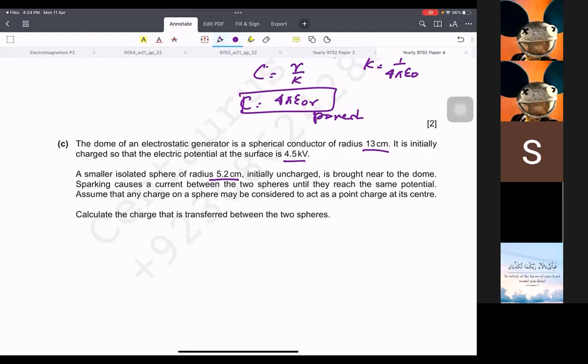So according to that, capacitance is 4 pi epsilon R, but I don't want to use this. I want to use R upon K. So C is equal to Q upon V. So Q will be equal to RV upon K, right? So initially the radius was 0.13. Voltage was 4.5 kilo. Kilo means 10 raised to 3. And K is 8.99 times 10 raised to 9.